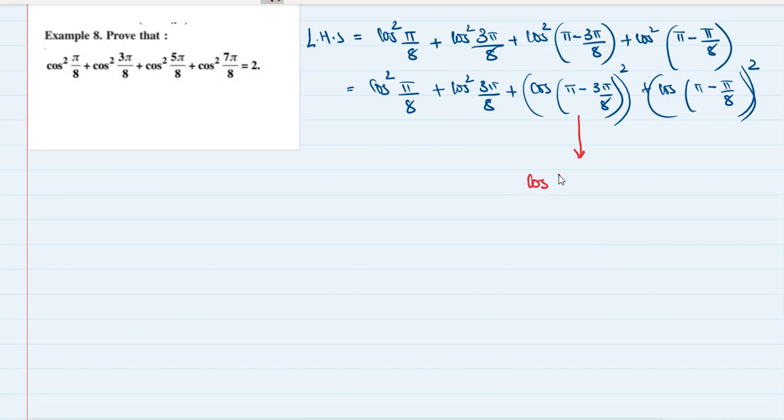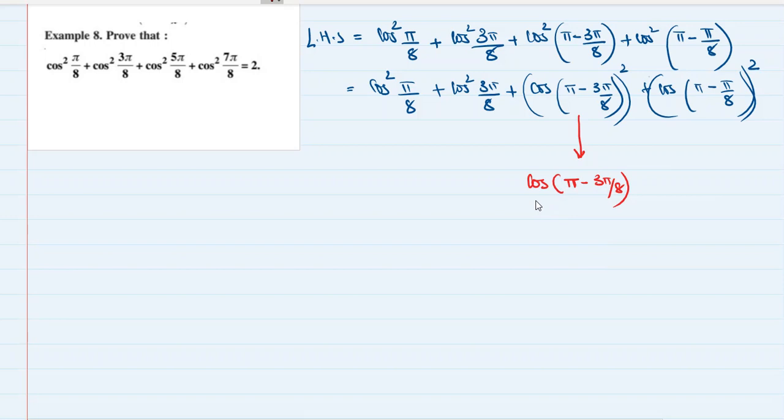This is cos of pi minus 3 pi by 8. Now 3 pi by 8 looks like an acute angle. Pi minus 3 pi by 8: pi is 180 degrees.